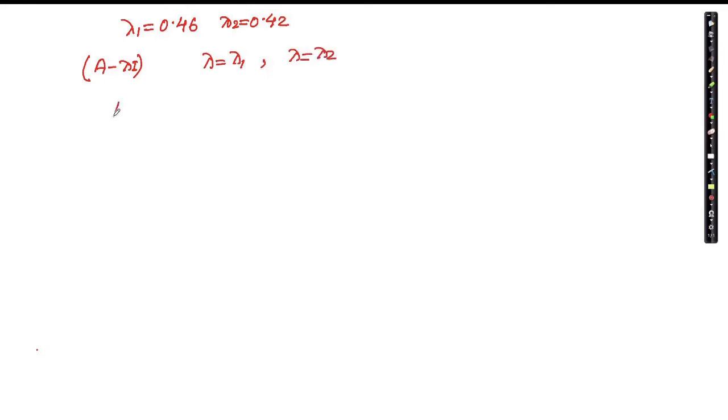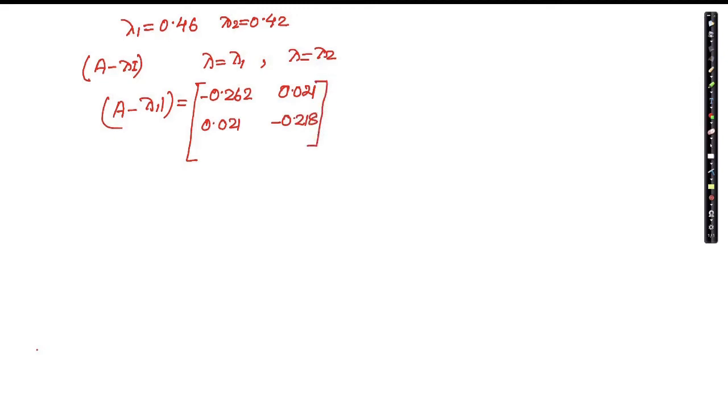These two matrices: A minus lambda 1 I is equal to minus 0.262, 0.021, 0.021, minus 0.218.